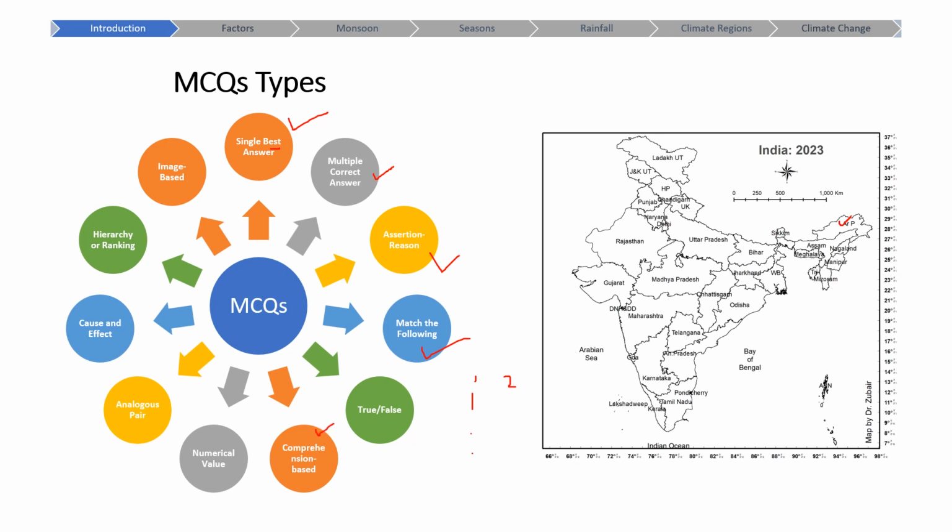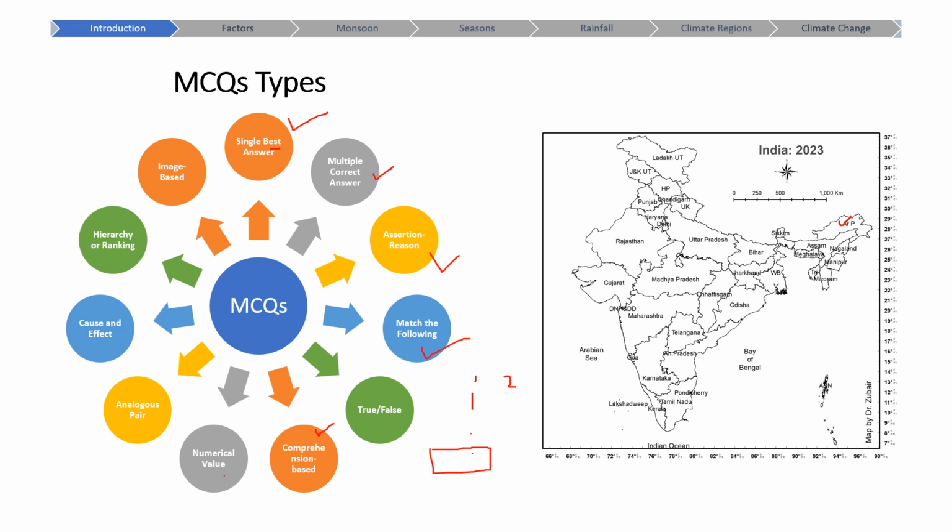Comprehension based means there will be a paragraph related to the Indian monsoon, and the question may be which are the factors affecting the monsoon in India. So you have to read the paragraph and answer.